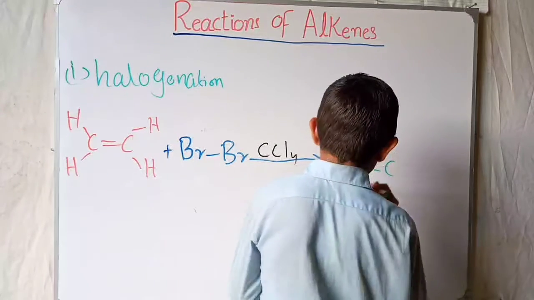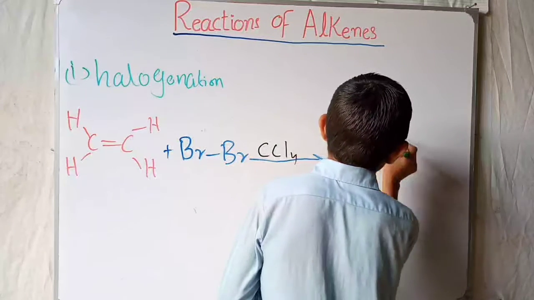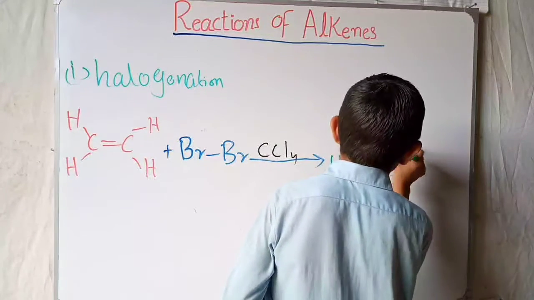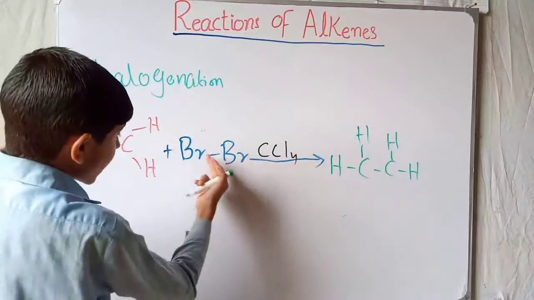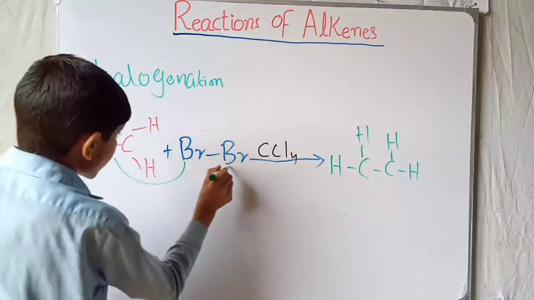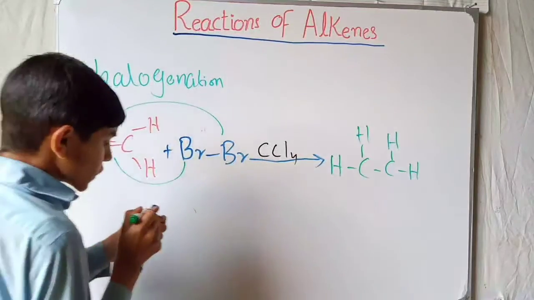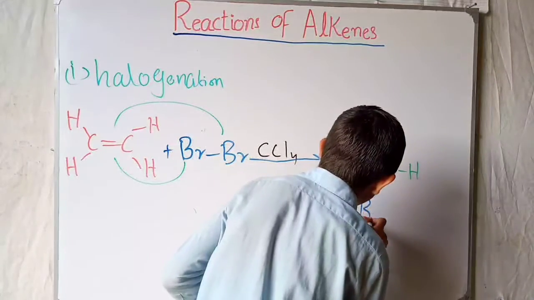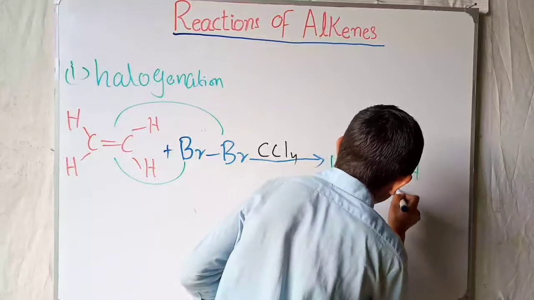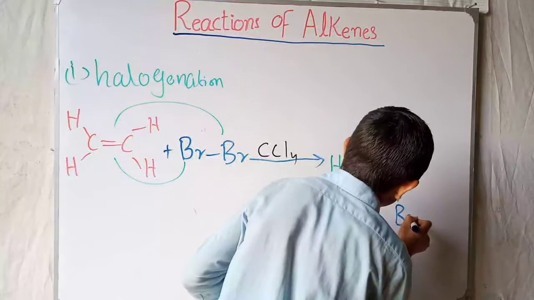So it is like this. There is also hydrogen, and this also hydrogen, and the four hydrogens are completed here and here. Now there will be one bromine here and one bromine there.